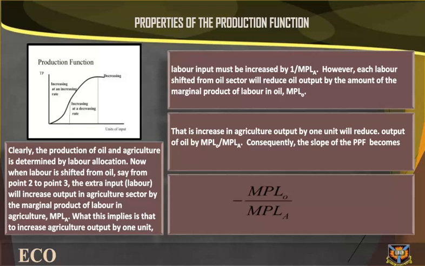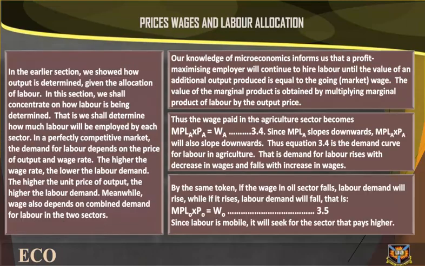However, each unit of labor shifted from the oil sector will reduce oil output by the marginal product of labor in oil, MPLO. That is, an increase in agriculture output by 1 unit will reduce output of oil by MPLO over MPLA. Consequently, the slope of the PPF becomes MPLO over MPLA.